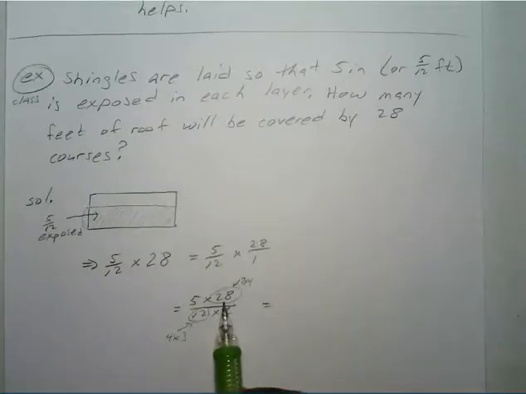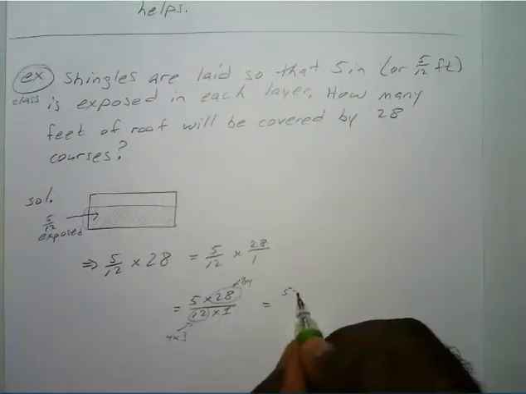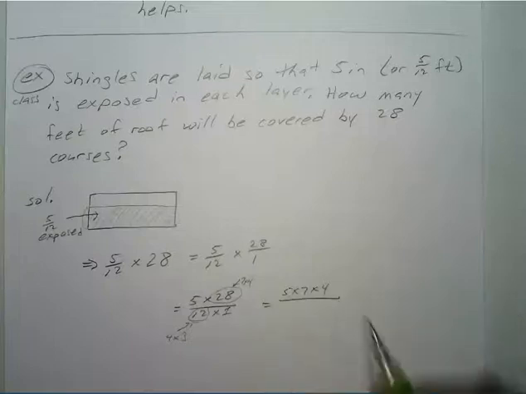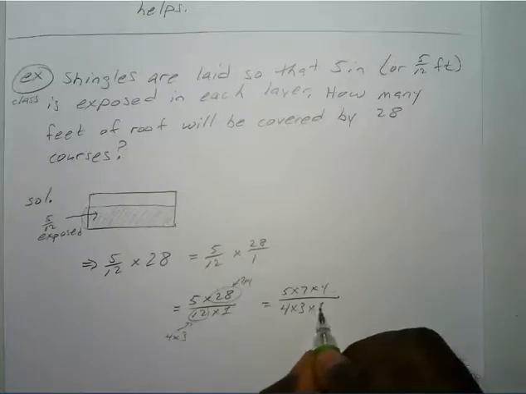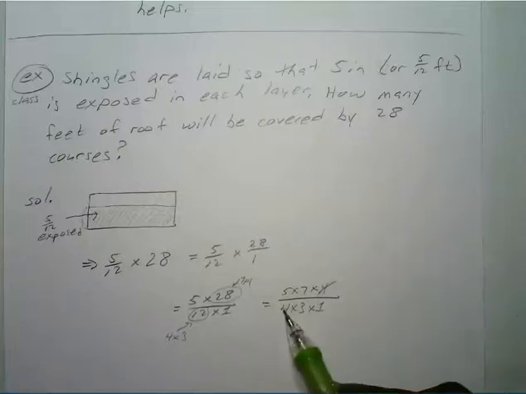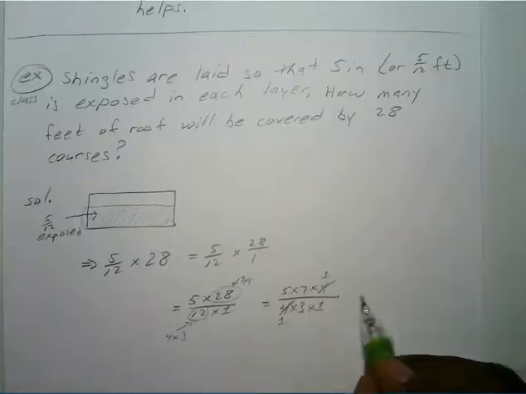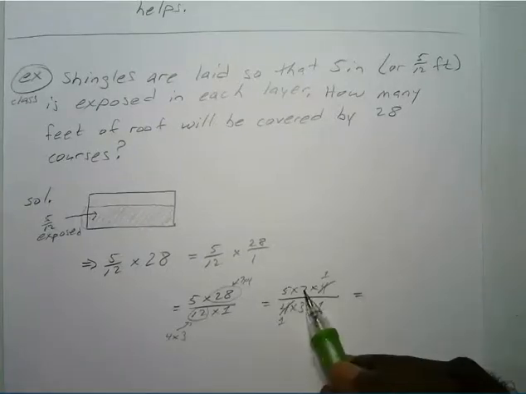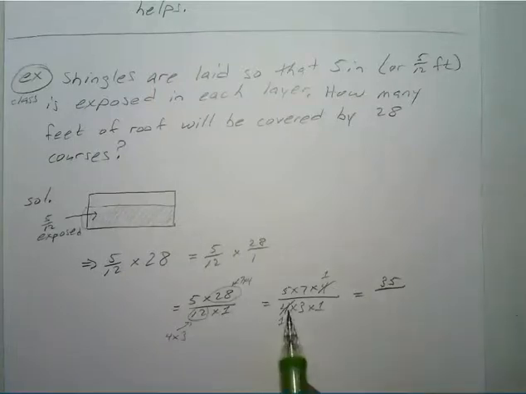So instead of 5 times 28, we put 5 times 7 times 4, over, instead of 12 times 1, 4 times 3 times 1. We can see the 4 in our numerator and denominator cancels out. That leaves us with 5 times 7 times 1, or just 5 times 7, which is 35, over 1 times 3 times 1, which is just 3.